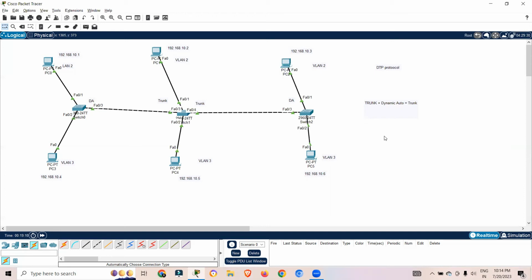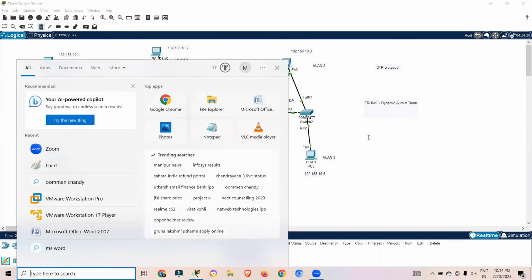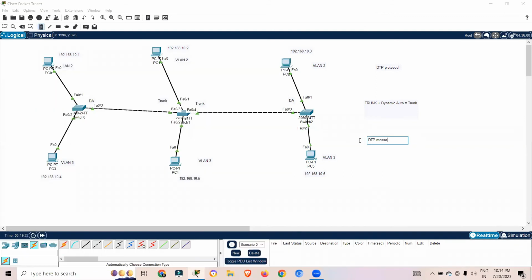Before that, there are some DTP messages. What are the DTP messages?